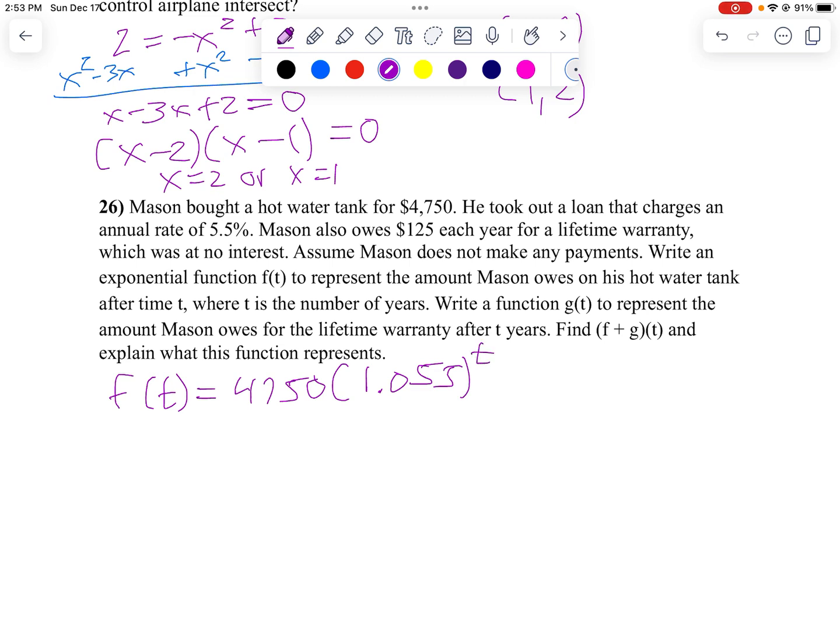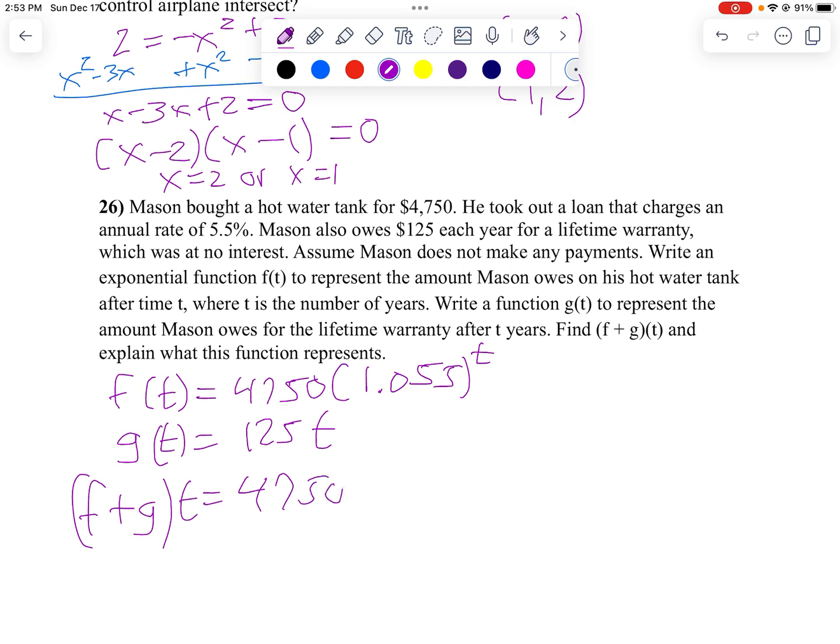And then his warranty is G of T. He's just going to pay $125 every year for that. So to find F plus G of T, we're going to add them up. They don't have any like terms, so it's $47.50 times 1.055 raised to the T power plus 125T.